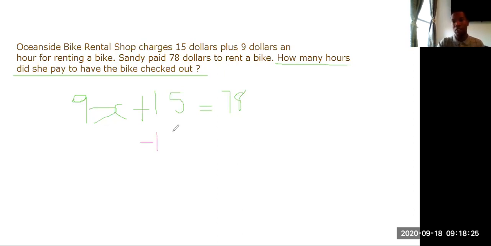We do the regular additive inverse, minus 15. So I have 9x, this is 0. I have 9x equals 78 minus 15, which is 63. And then we have to do the multiplicative inverse.